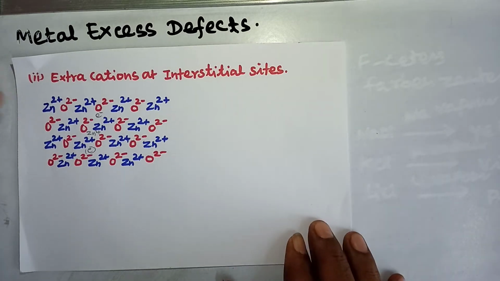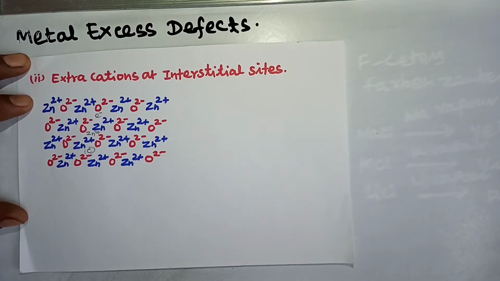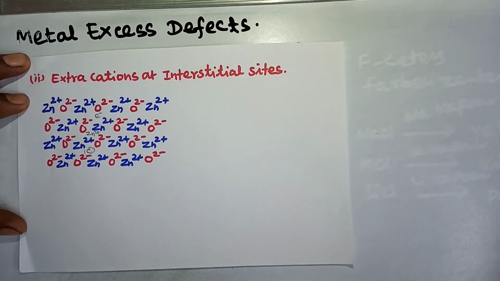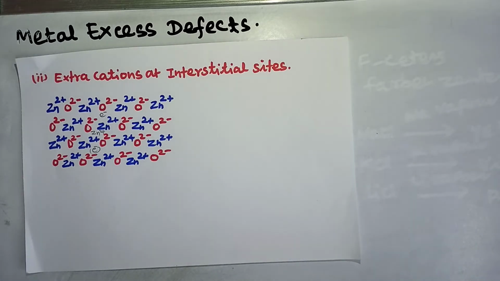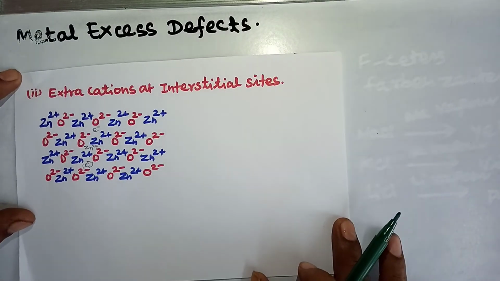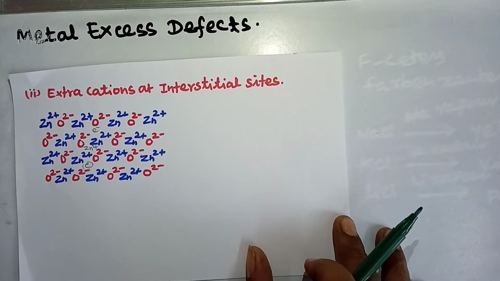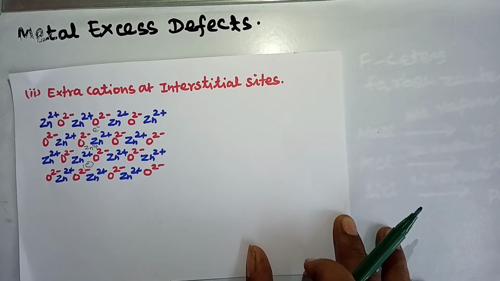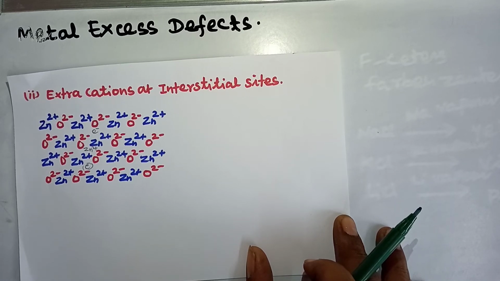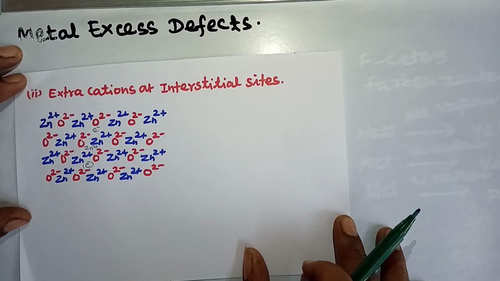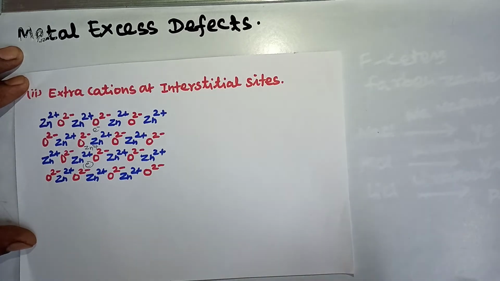One is the anionic vacancies, another one is extra cations at interstitial positions. Here, zinc oxide at room temperature is white in color. When heated, it becomes yellow in color.